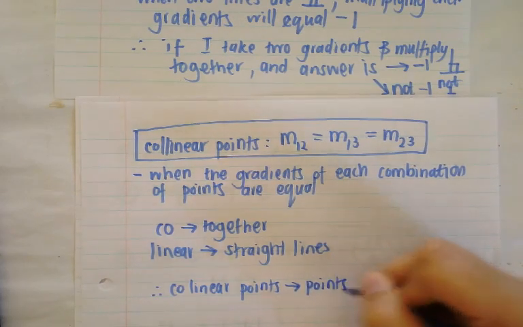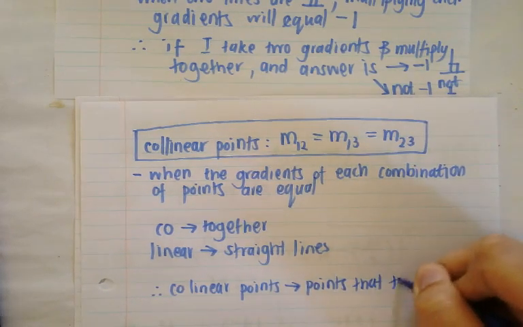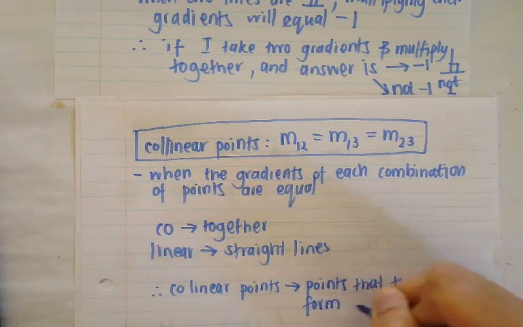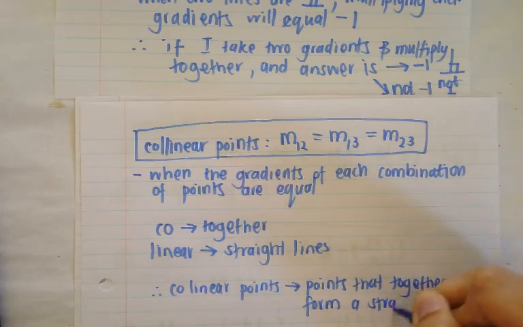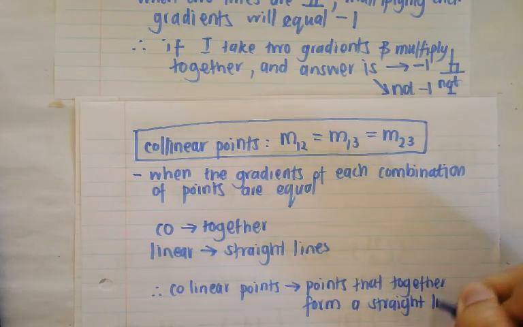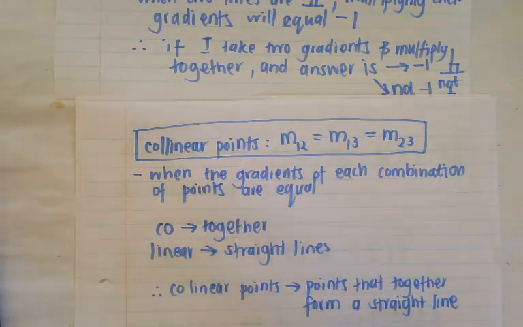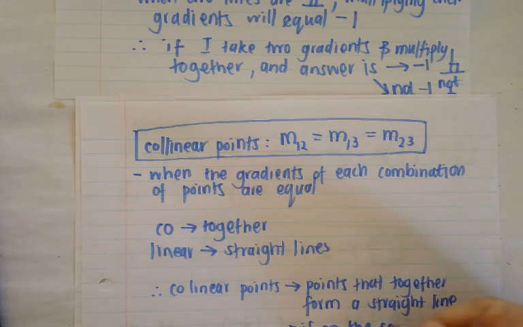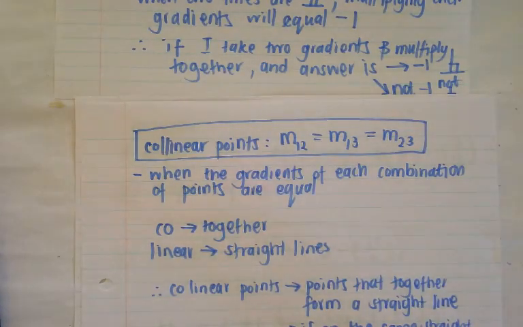Points that together form a straight line. I remember in the beginning of the year you guys really struggled with this concept. So points that together form a straight line. If on the same straight line, the gradients have to be the same.